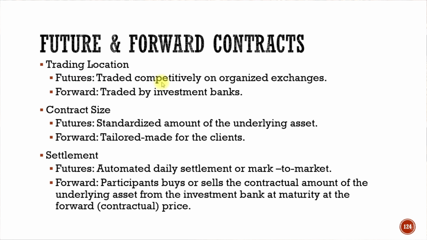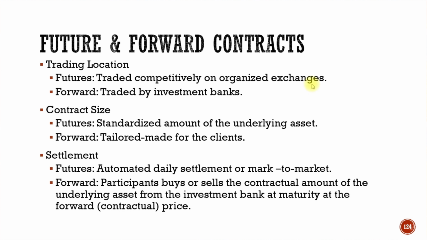Now, when it comes to futures, the standard contracts are traded completely on organized exchanges. They are typically standardized contracts. One size fits all. Now, the forward contract, however, is typically traded by investment banks, and they are actually custom made for the needs of a business.